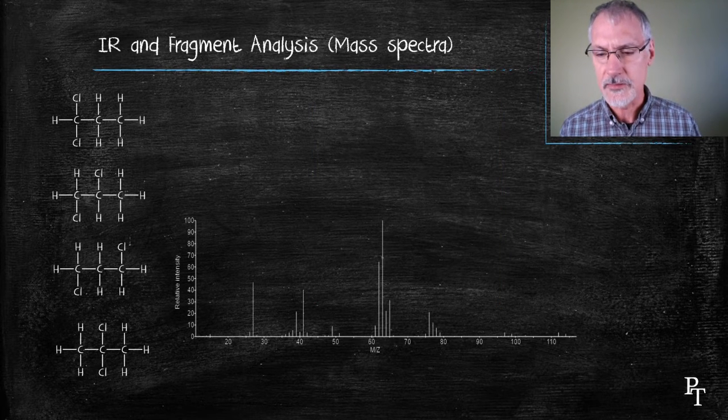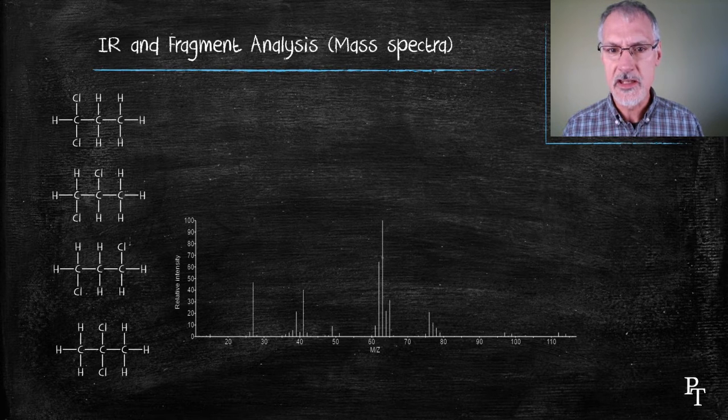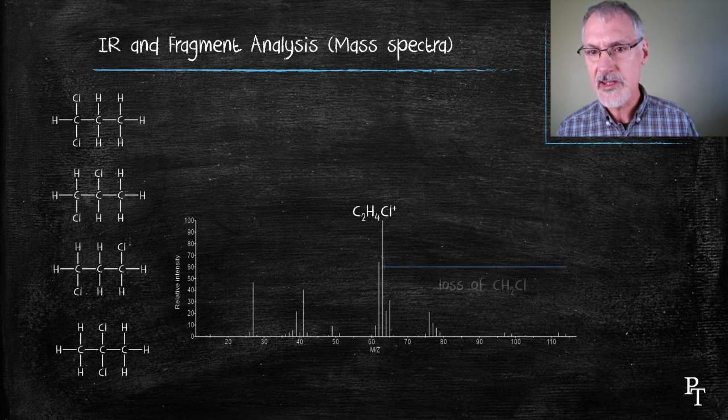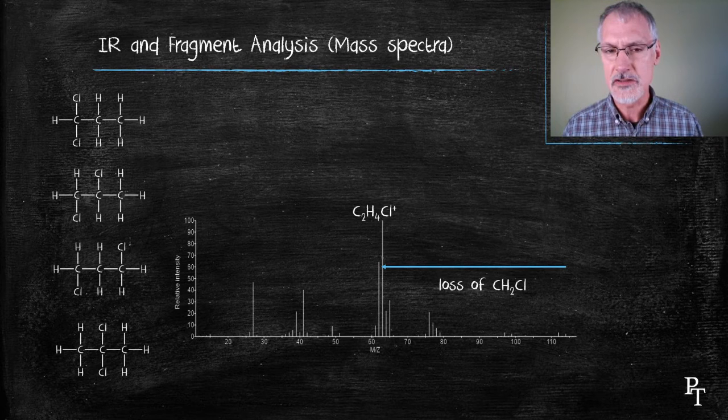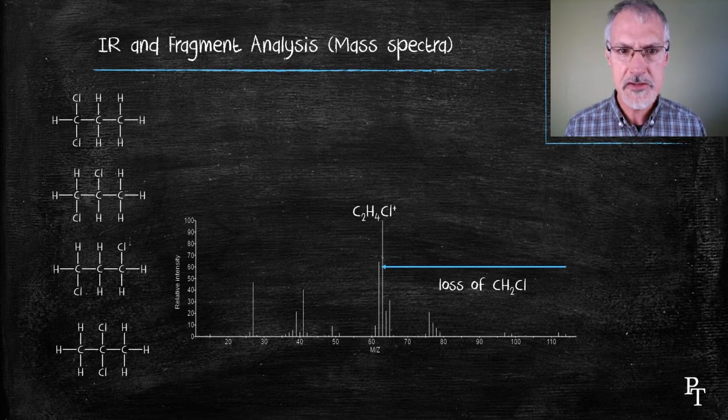So back to the mass spectrum. There's a large peak at 63. That corresponds to the following molecular ion. I can get that molecular ion by removing CH2Cl from my molecule. If I look at the first of my molecules, the 1,1-dichloropropane, I can't easily remove that fragment from that molecule.